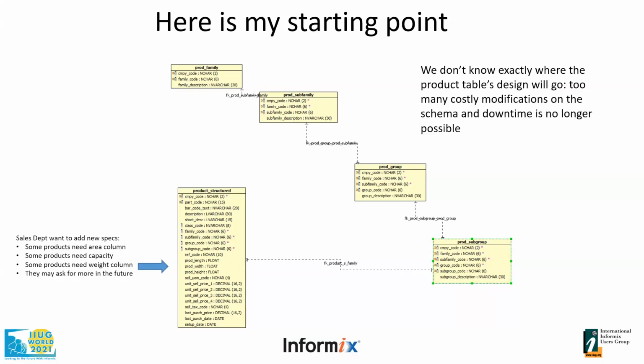More so when those guys understand that they can ask and they can have, and then they will ask more often, and then they will demand to have it faster. So what they have been asking this time, something simple, they needed an area column, they needed a capacity column, they needed a weight column, and let me understand that there might be more in the future.